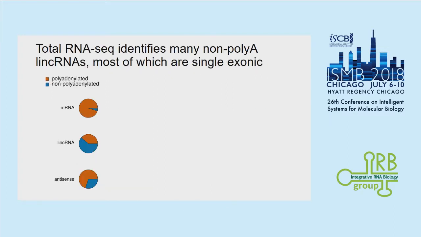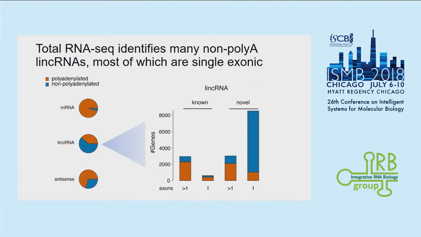So we defined this cutoff and we classified our genes, and we found that the majority of protein coding genes are actually polyadenylated, and we also see that most antisense transcripts are polyadenylated. But for lincRNAs, the situation is the opposite. We see 60% of these genes are non-polyadenylated, and zooming in on this biotype, we see that the vast majority of these non-polyadenylated genes are actually monoexonic lincRNAs.